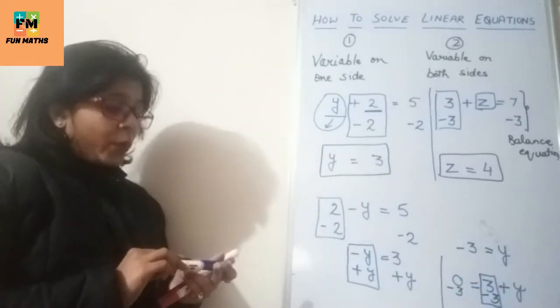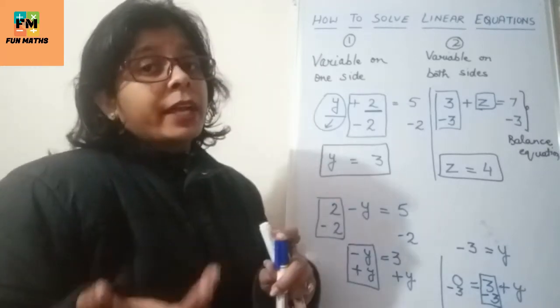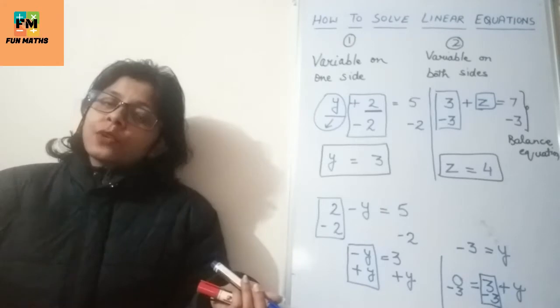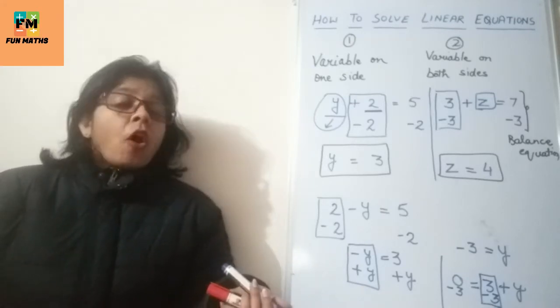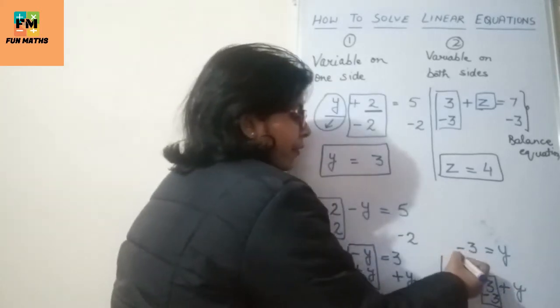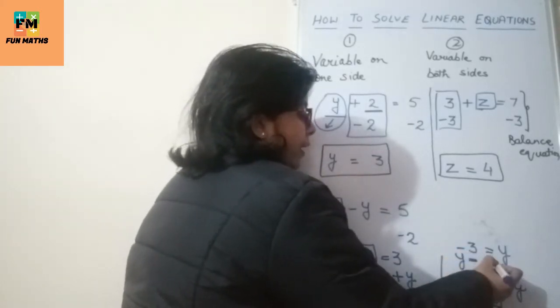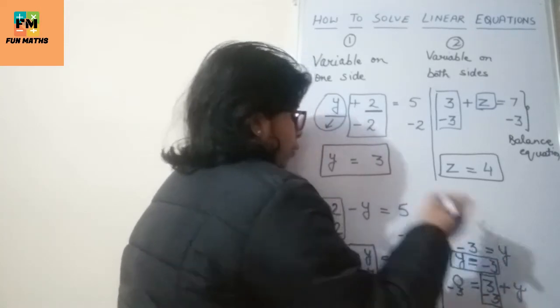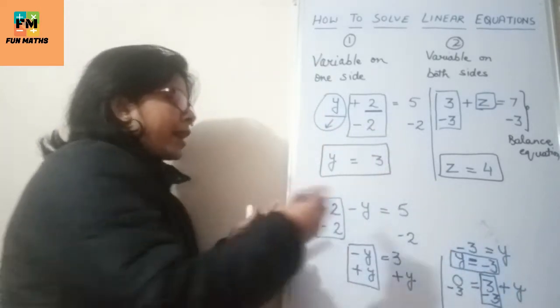Now as it is an equation, and we know equation is balanced, so if we write minus 3 is equal to y, it is also the same. Or if we write y is equal to minus 3, it is the same. So we can write y is equal to minus 3. This is the solution to this equation 2 minus y is equal to 5.